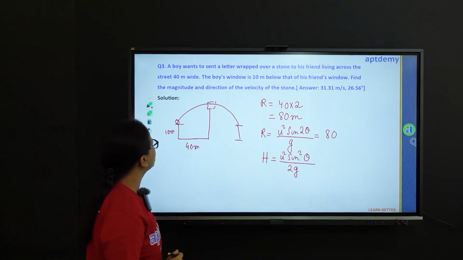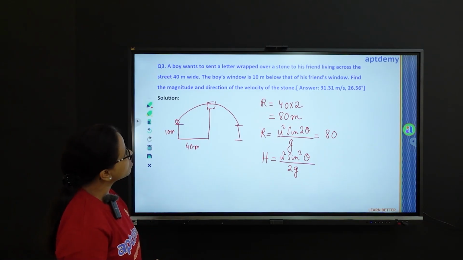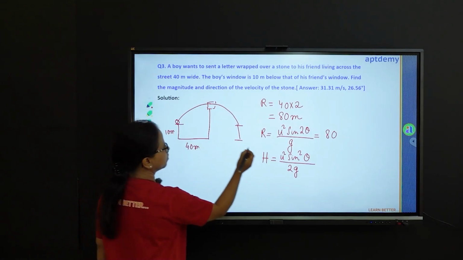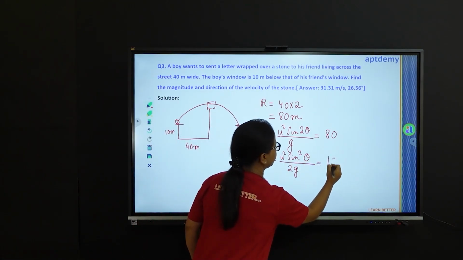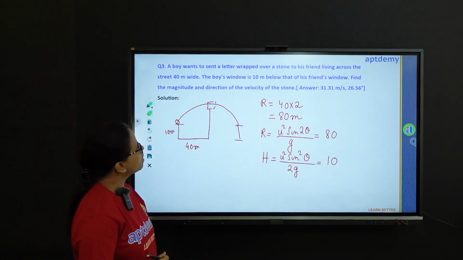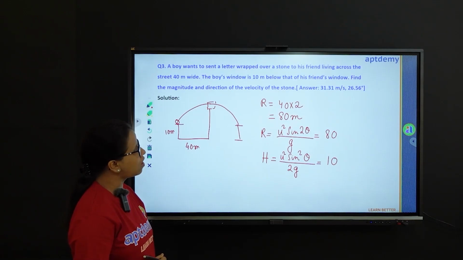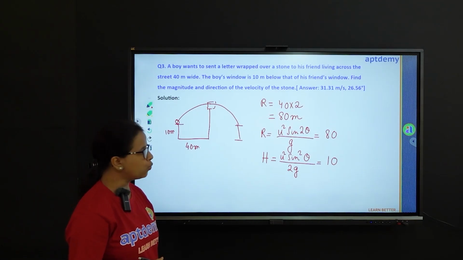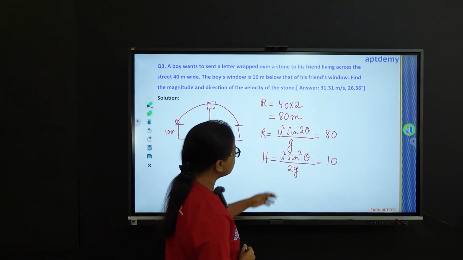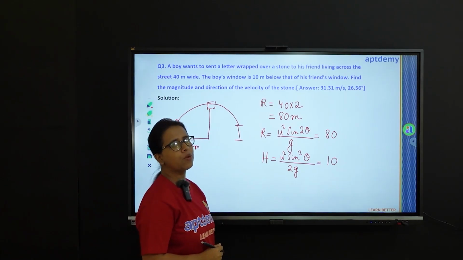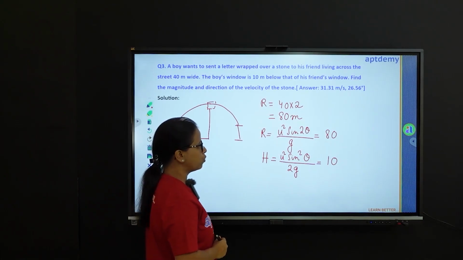This maximum height achieved is 10 meters. We have two relations in hand. What we need to find out is the direction of velocity, that is theta, and the magnitude of the velocity, that is u. So how do we get that? First, let us solve these two equations and get the value of theta, and then putting the value of theta in any one of the equations will give us the value of u.